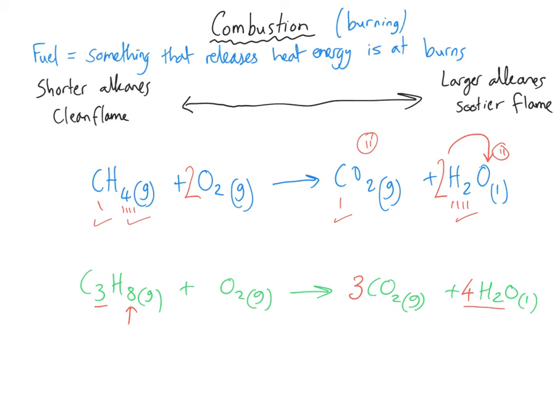Now we need to move on and look at the oxygen. In carbon dioxide, we've got 3 carbon dioxide, so 3 times 2 gives us 6 oxygen. In water, 4 lots of 1 oxygen gives us 4 oxygen in total. 6 and 4 adds together to make 10. We need to have 10 over here, so to solve that we need 5 O2.